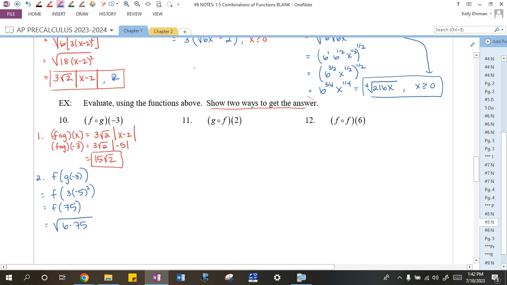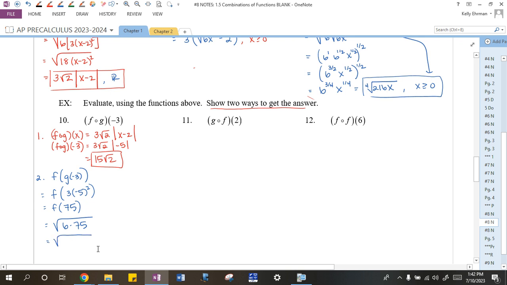Now, should I bother multiplying 6 times 75? The answer is no. If you're trying to simplify radicals, if you have numbers that are going to multiply out to be large, and then you have to try to dig out perfect squares, it's best to just start factoring them right now.